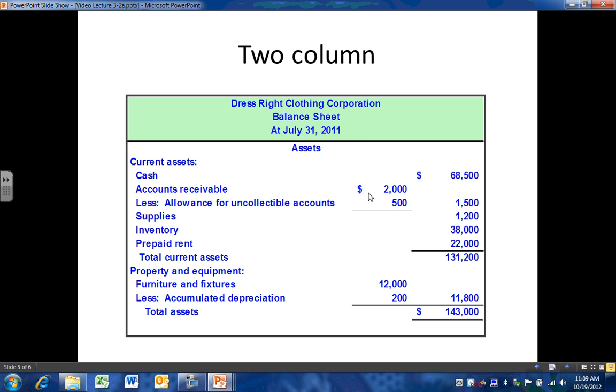So here we have accounts receivable less the contra account, allowance for uncollectible accounts, and furniture and fixtures with their contra or valuation account, accumulated depreciation, presented in the left column, and then the total amounts presented in the right column. This is very rare. The preferred format for most companies is a single column format.